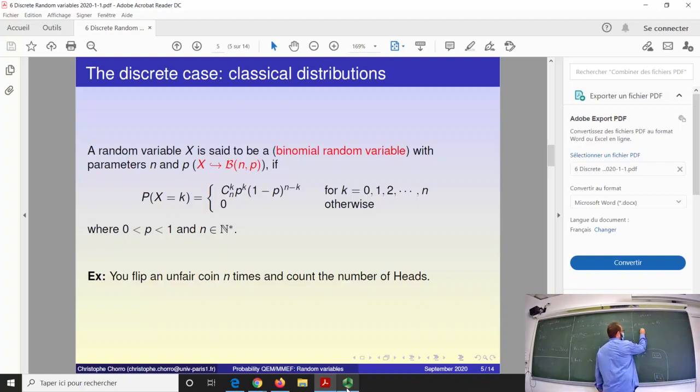So I write the law of total probability this way. First term, given the fact that xn is equal to 0, and I have to multiply by the probability that xn is equal to 0, plus the same thing given xn equal to 1.